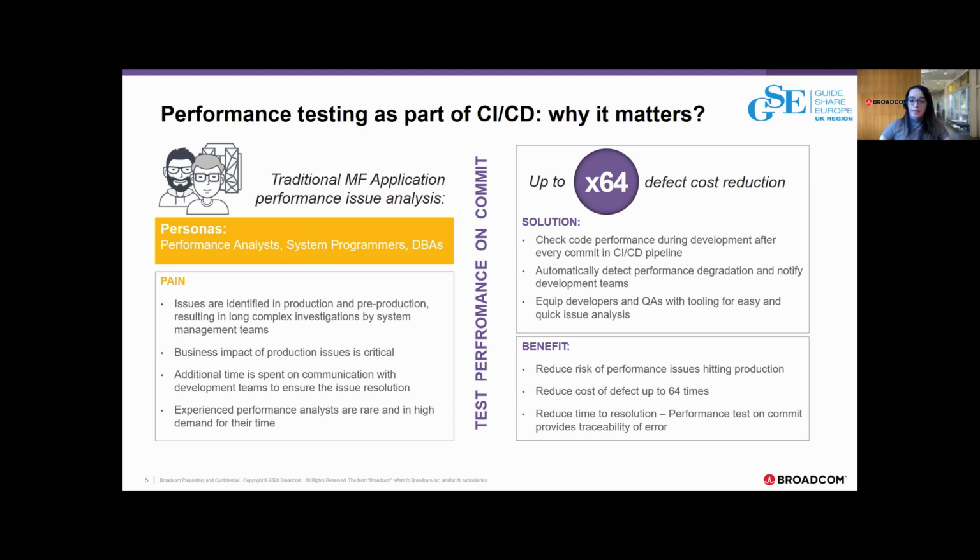So this leads to long and complex investigations, and for these investigations you need SMEs, experts who are proficient and know deeply the application, the environment, the hardware, the subsystems. These people are usually hard to find.